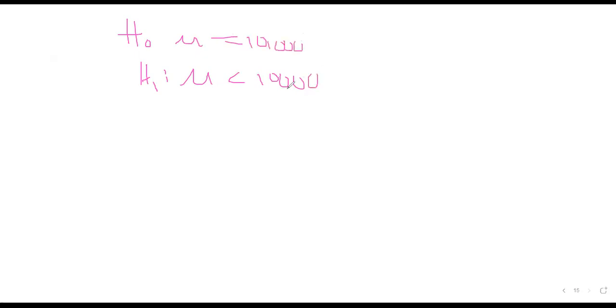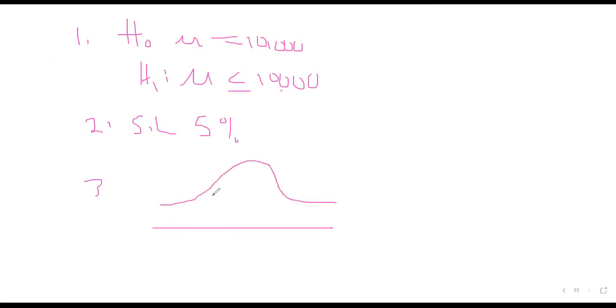10,000. Step 1. Step 2, set the level of significance here. Level of significance is 5%. So the under will give you a biased tail. It's a single tail. So we're going to look at it from the left side. If it was greater than, we'd have used it from the greater side. So 5% ideally is supposed to give you 1.96, but that is for a two-tailed test.